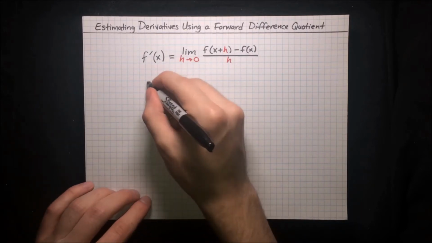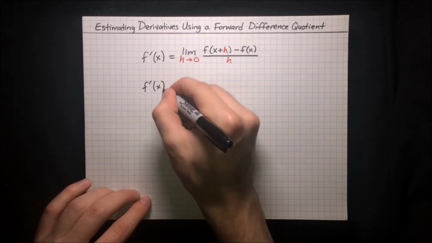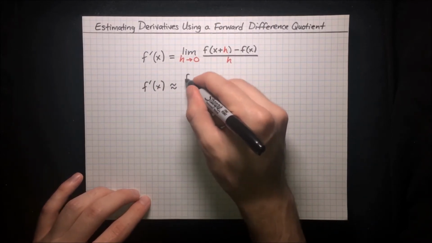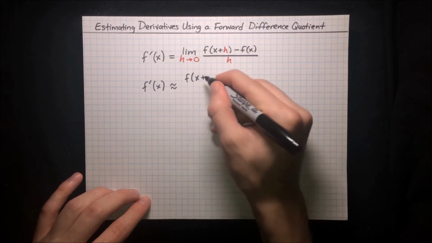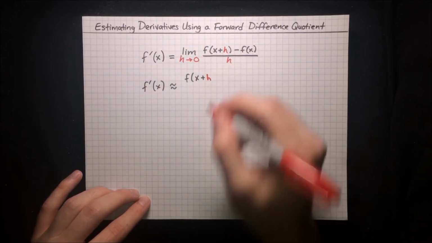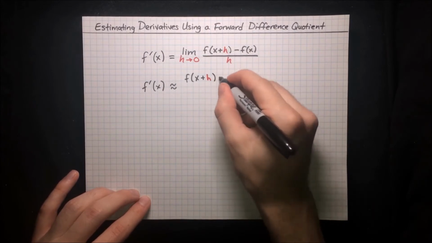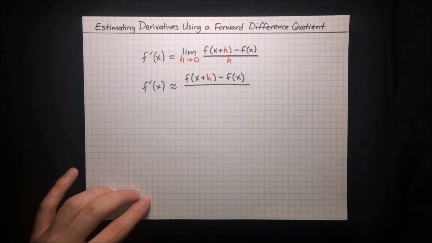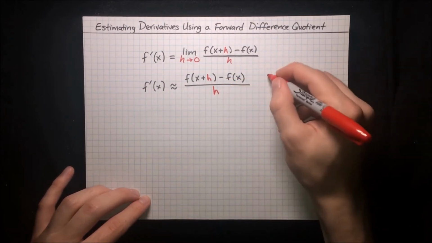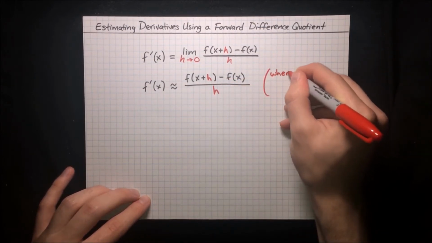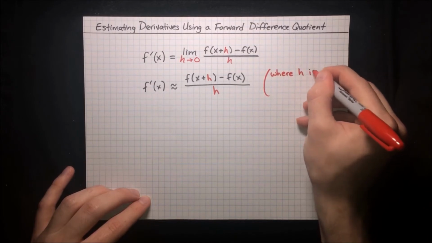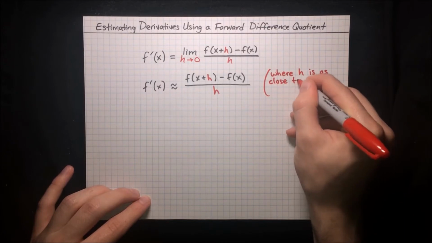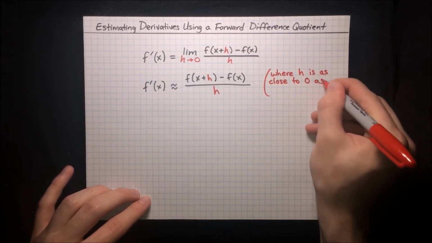So we have f prime of x is approximately equal to the difference quotient f of x plus h minus f of x all over h, and that is where h is as close to 0 as possible.